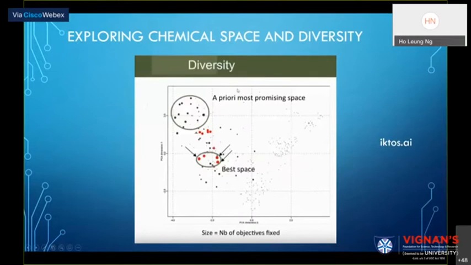So what this kind of generative AI can do is help us explore chemical space. It can help us move away from a human expert's a priori guess at what might be the most promising space to less biased regions of chemical space. Now, just like our previous speaker said, this is not a tool that will move us automatically to a drug.